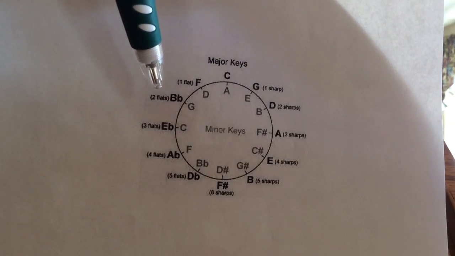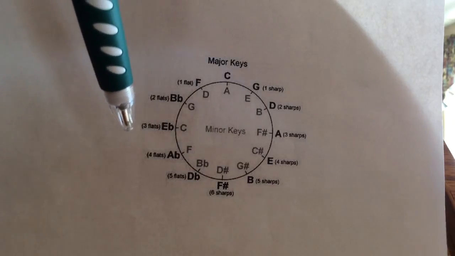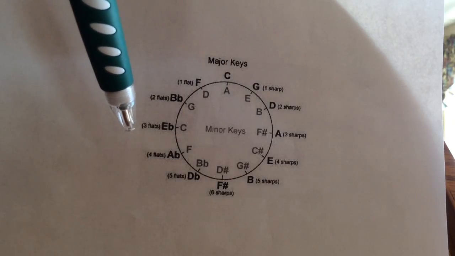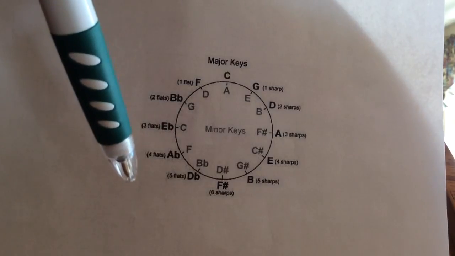B flat has 2 flats, B flat and E flat. Continuing on to the left, you add another flat in the key signature, and your flats are B flat, E flat, and A flat, and so on around to the left.